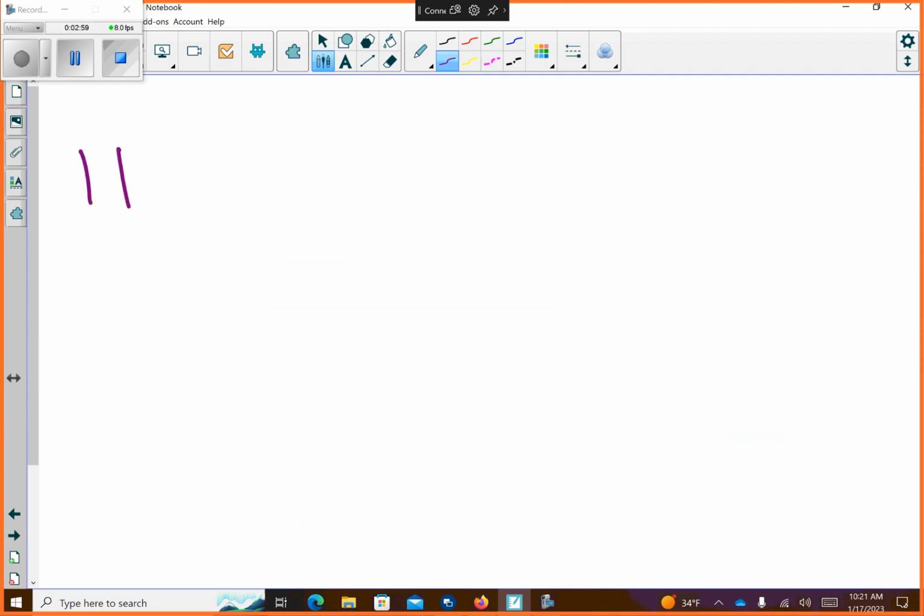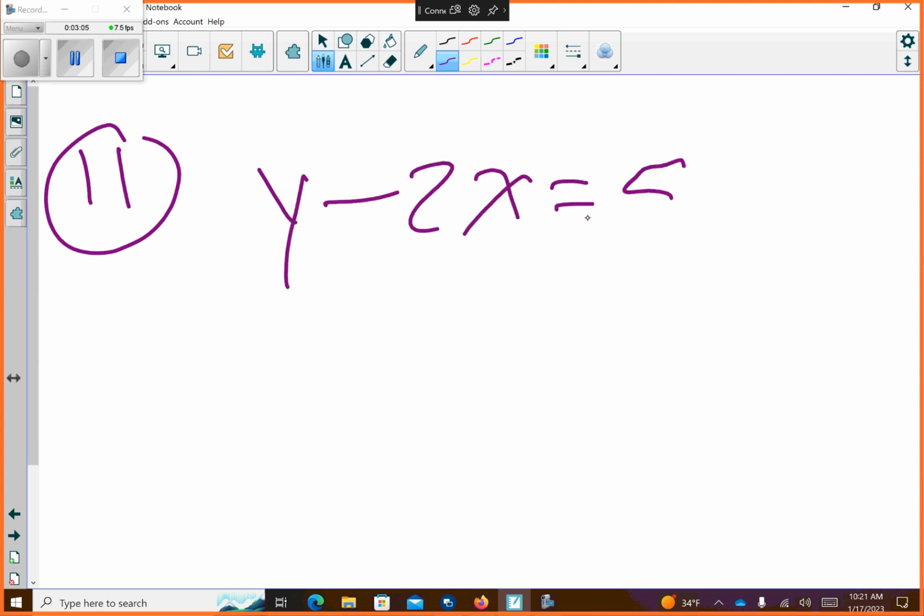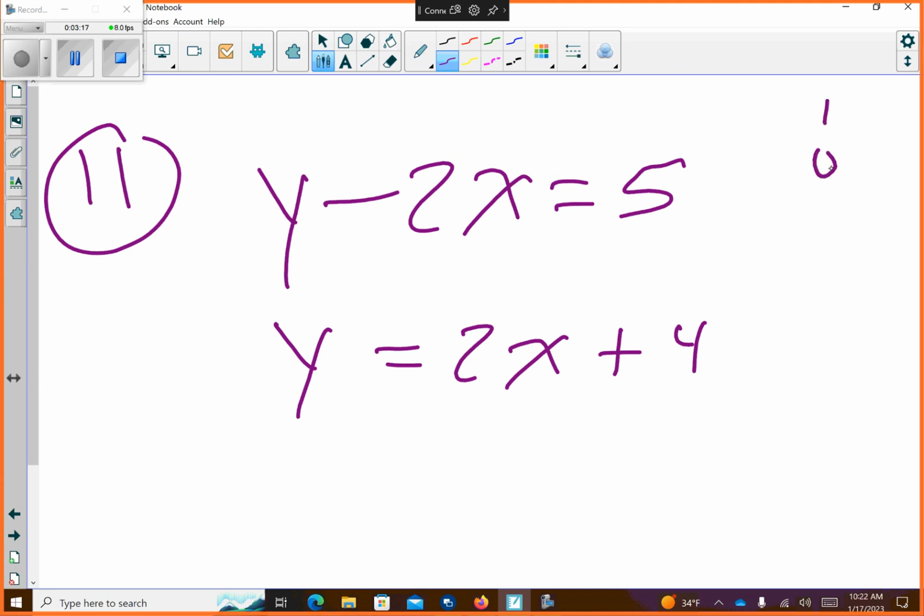Okay, so for problem number 11, all I want to know is, does this have one solution, no solutions, or infinite solutions? So a couple things when I'm looking at it. I might start thinking about the setup of the problem.